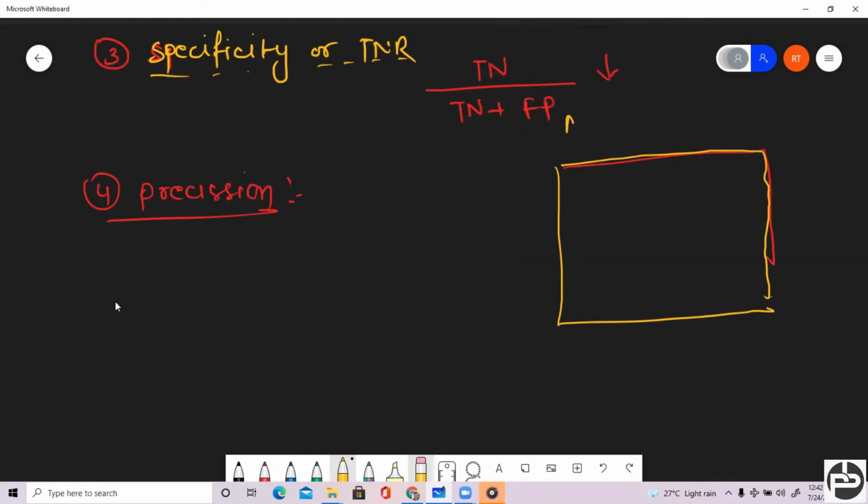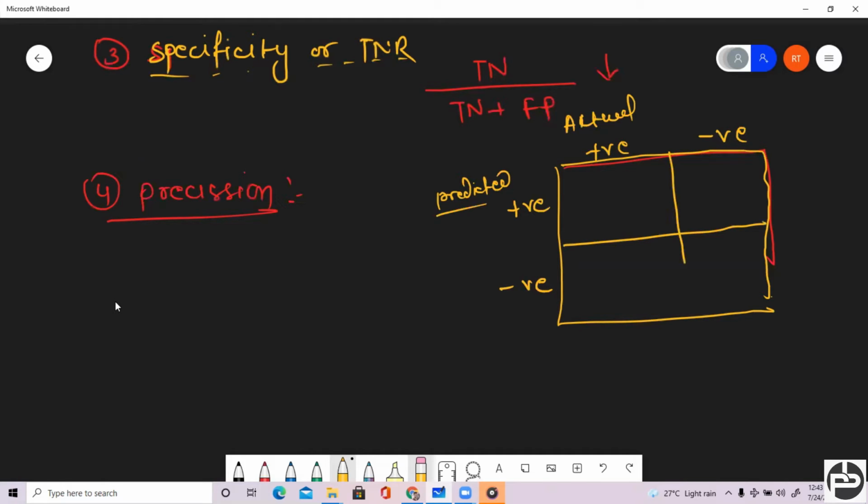This is the actual value. This is my predicted value. This is actual positive, this is actual negative, this is predicted positive, and this is predicted negative.